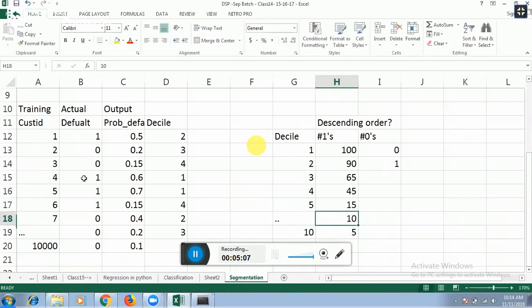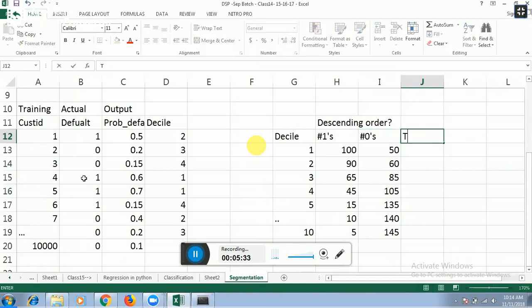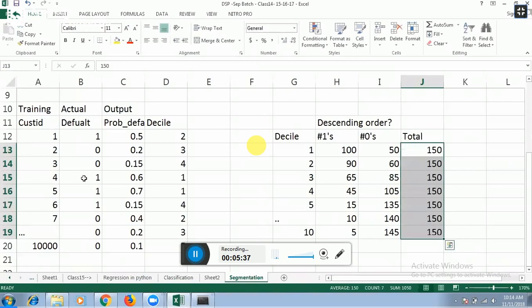And suppose each decile has 150 observations. So you have 150 observations, with 50 here, 60 here, 85 here, 105 here, 135 here, 140 here, and 145 here, something like that. Correct? Suppose the total is 150.